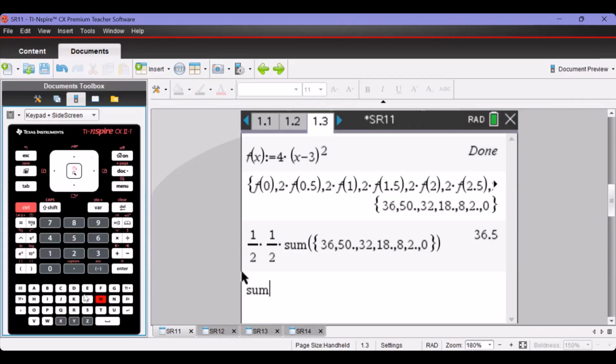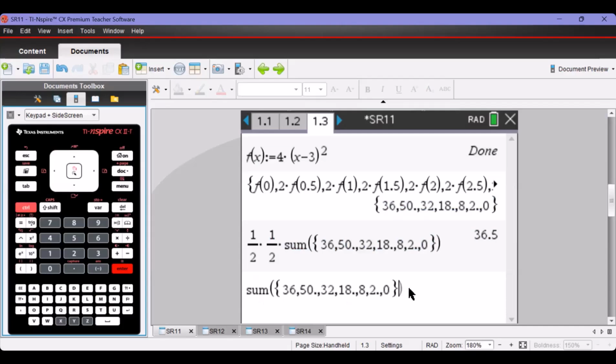What you can do is go up to the previous entry line and highlight it and then bring it down to the current entry line by pressing enter. Now I neglected to have the half times a half there. I'm just showing you how to paste the elements in that list into the sum of elements command. So that's how you would quickly do that.